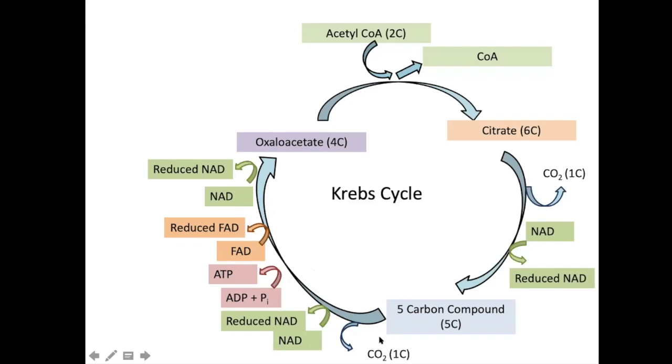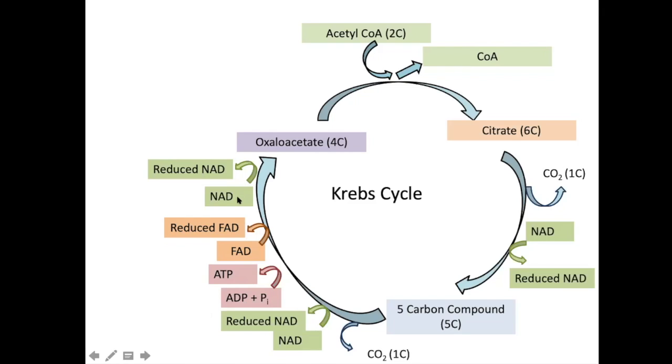So what do we need to know? Another CO2 is coming off, and every time CO2 gets given off, we always see a NAD going to NADH. We're going to have an ATP made during this sequence of reactions from ADP, so that's all good. And then you're going to get a different coenzyme called FAD appear, and that's going to form reduced FAD.